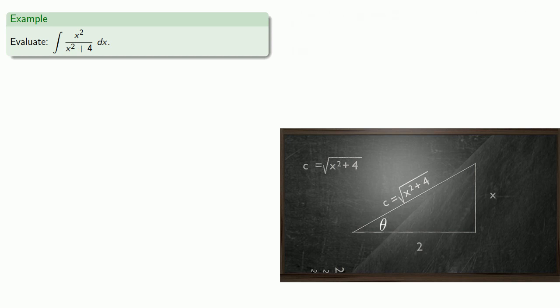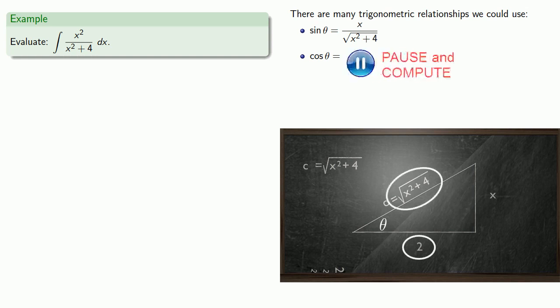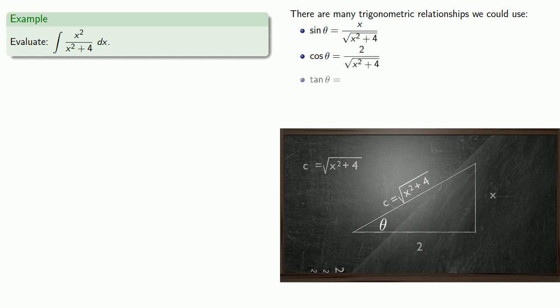Now we have a right triangle where this expression x squared plus 4 comes up naturally. So let's see if we can use a trigonometric relationship. There are several trigonometric relationships we can use. We could look at the sine of theta, which will be the opposite over the hypotenuse, the cosine of theta, which will be the adjacent over the hypotenuse, or we could look at the tangent of theta, which will be the opposite over the adjacent.